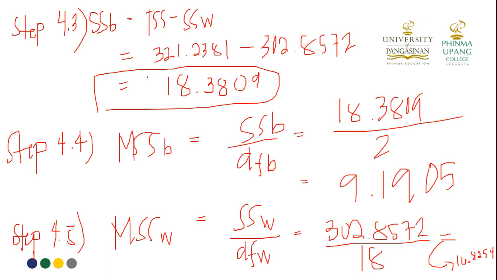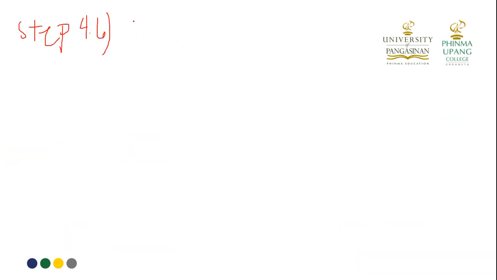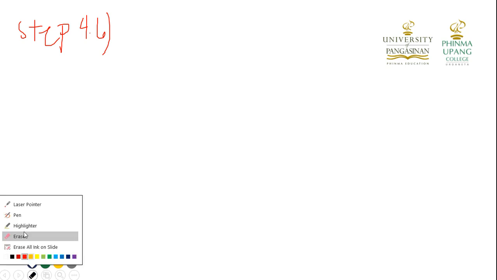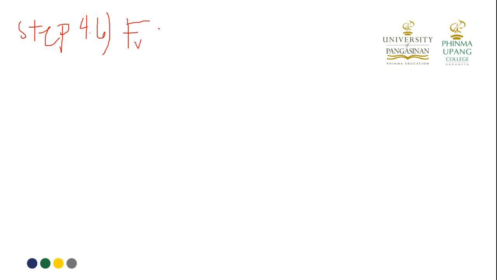Second to the last, 4.6 na po. Ito na yung F value. I-divide lang natin yung MSSB sa MSSW.